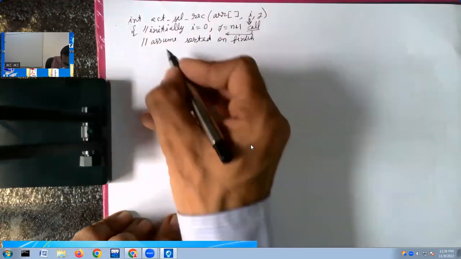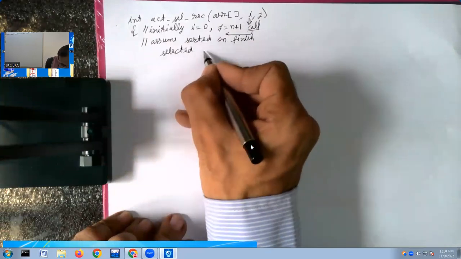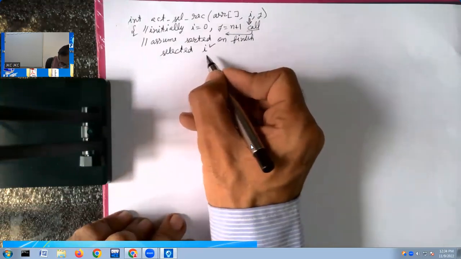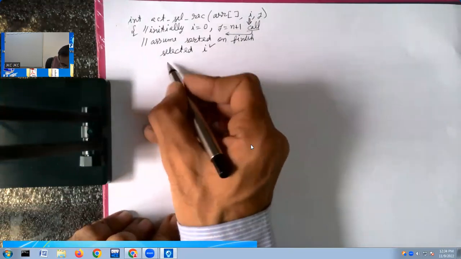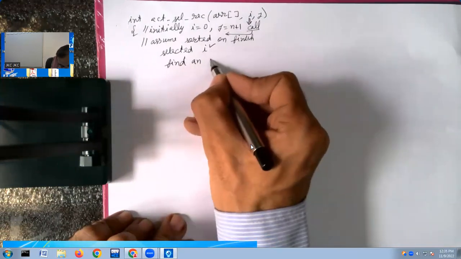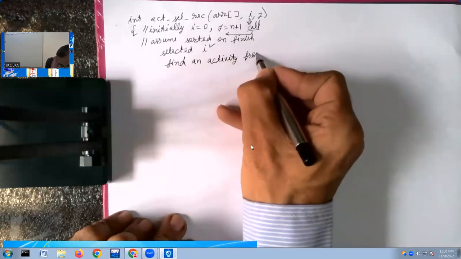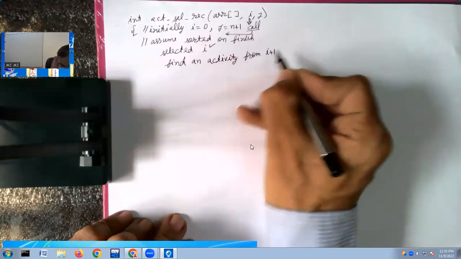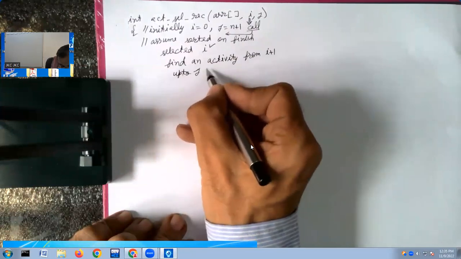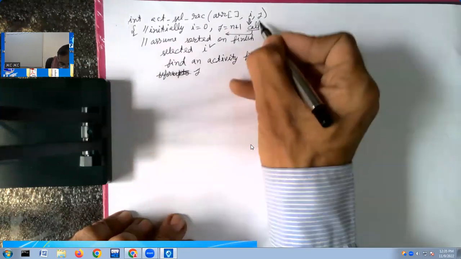Once done, effectively my last selected job is which one? My last selected job is I. And now I have to find, up to J, an activity from I plus 1 up to J maximum, or up to J minus 1, yeah, before J, because J is n plus 1 initially.